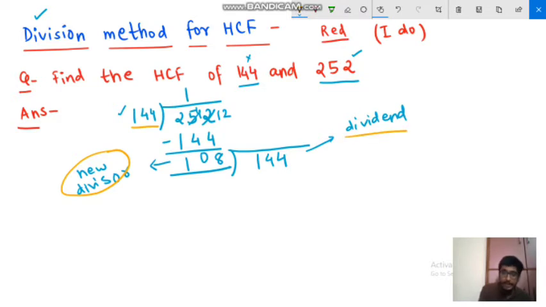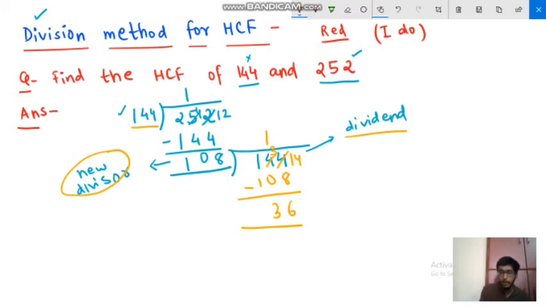Now I divide 144 by 108. It will be 1 times, that is 108 into 1 is 108, and if I subtract, the remainder will be 36, because 14 minus 8 is 6 and this will become 3.